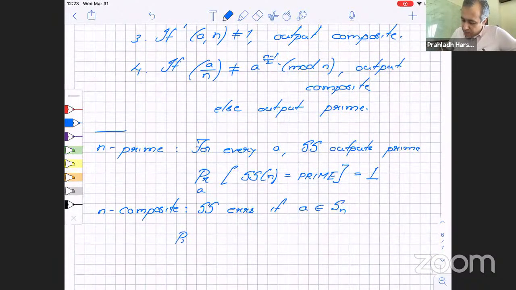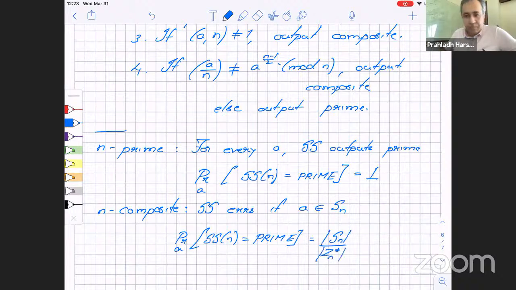So you can write the probability over A that SS on N equals prime. This is the error. This is certainly the size of Sn divided by Zn star, which is less than or equal to half. So it errs with only probability half.